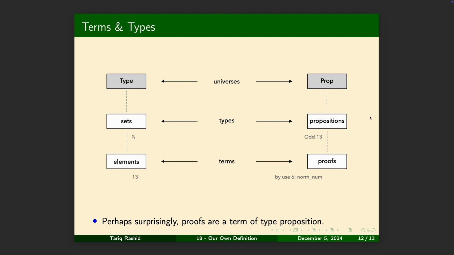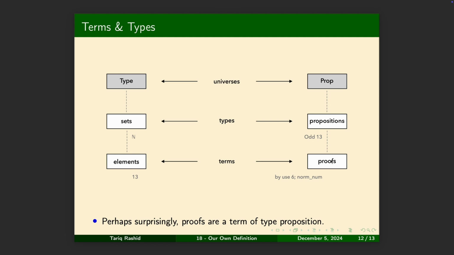Similarly, in the other part of this picture, in the universe of propositions, we have propositions, and an example is odd 13, or triangle 6, or triangle 7, which is a false proposition. The true propositions might have proofs.